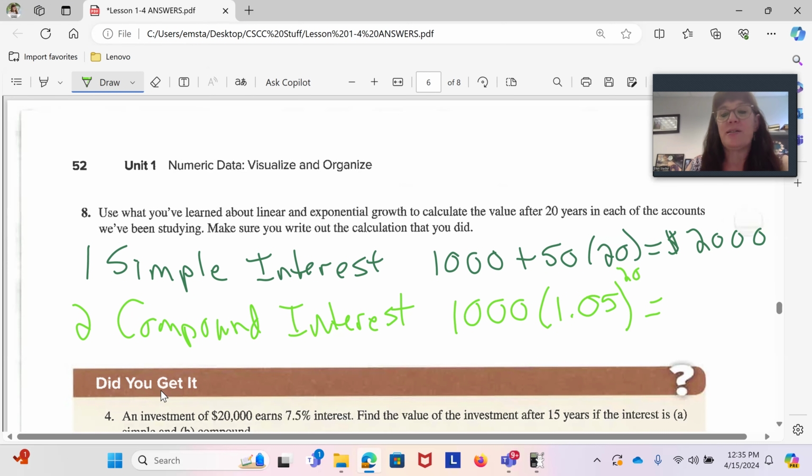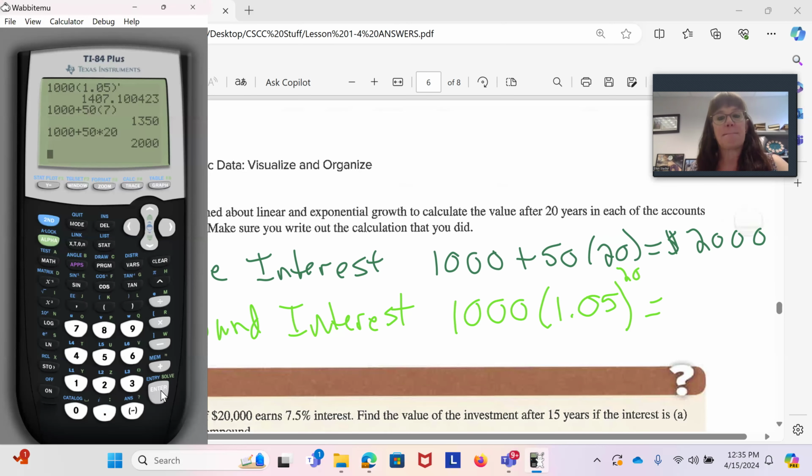So I definitely want my calculator for this. I'm going to take 1,000 times the growth factor, that 1.05, into my parentheses and raise it to the power, that's that caret button that's on the right hand side of your calculator, a triangle without a bottom, to the 20th power.